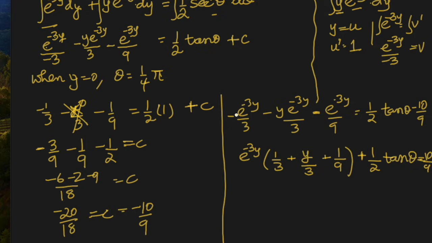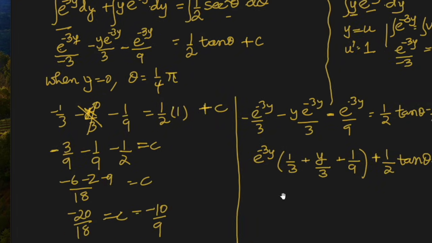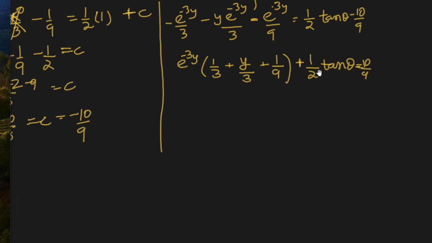This is our differential equation solution, and then they are asking, solve the differential equation and find the exact value of tan theta when y is 1. So tan theta, we don't have to simplify into another thing, just we have to find its value.